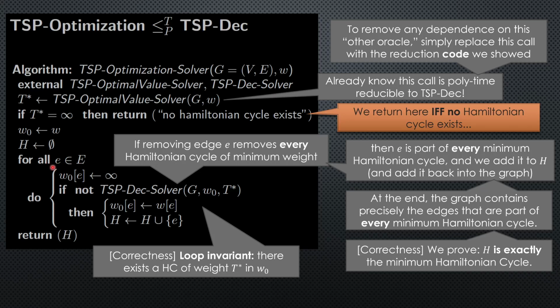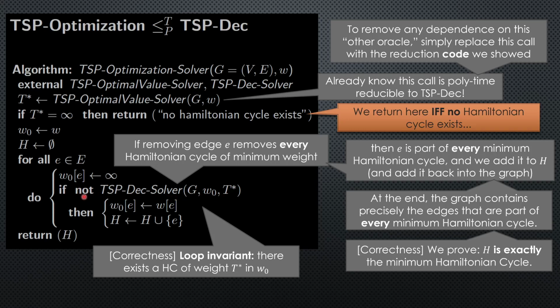So at the beginning of our first loop iteration, the loop invariant holds. We need to show that if we assume the loop invariant holds at the beginning of an iteration, the loop invariant still holds at the end of that iteration. So let's assume it holds at the beginning of an iteration. Then we set some edge to have weight infinity. So we may have removed all Hamiltonian cycles of weight T star in W0, in the graph induced by W0. But if that happens, then TSP decision solver will return false.